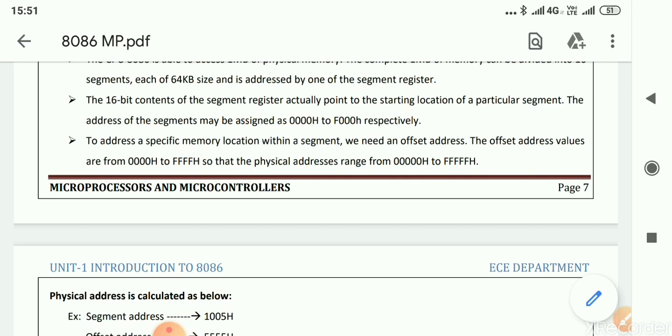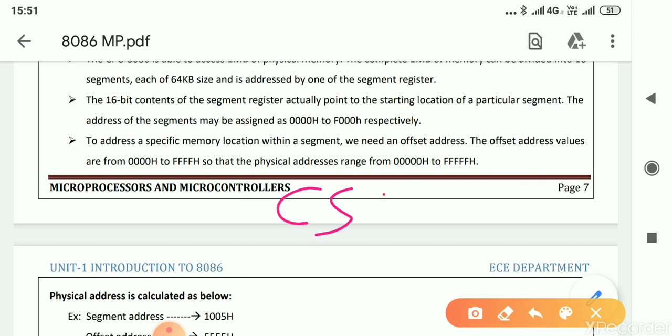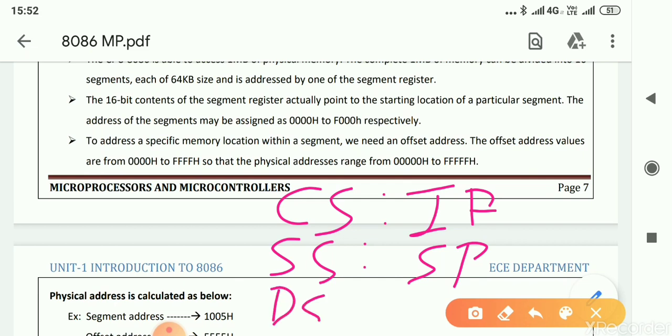Okay, so always CS is accompanied with the instruction pointer, and stack segment SS is always accompanied with the stack pointer. That means the instruction pointer contains the offset address for the code segment, the stack pointer contains the offset address for the stack segment, and for the data segment it is always the source index.